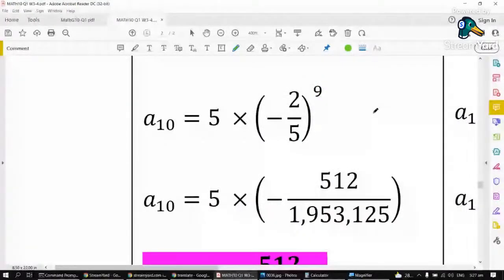Dahil ito ay odd number, itong negative na to ay negative pa rin ang sagot. Okay. So, 2 to the 9 is 2 times 2 times 2 times 2. Na-compute na natin kanina yun. That is equal to 512.